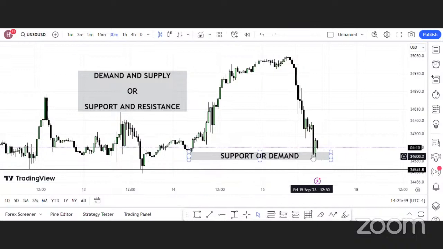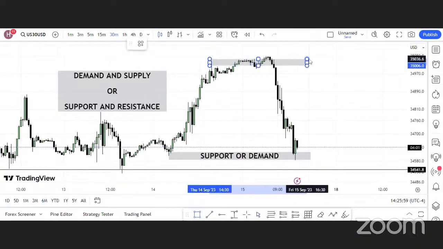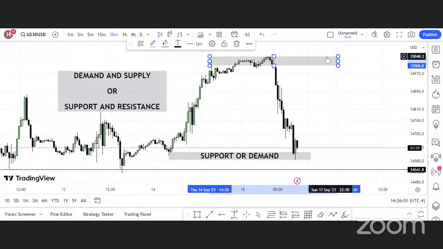The opposite is for the supply, or resistance.